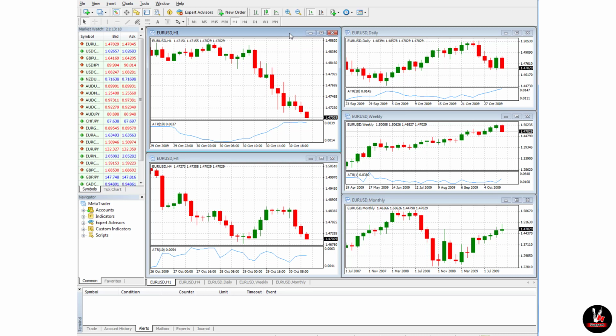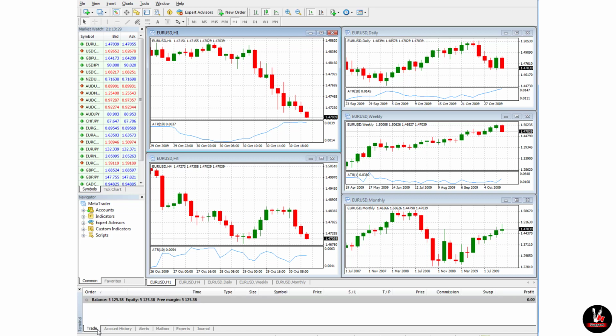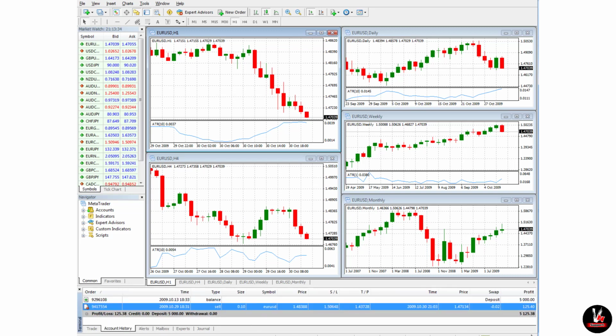And basically your objective is to learn to control risk, which is what you've seen in this particular example. And there's probably no one that's jumping up and down about making $125 for certain.